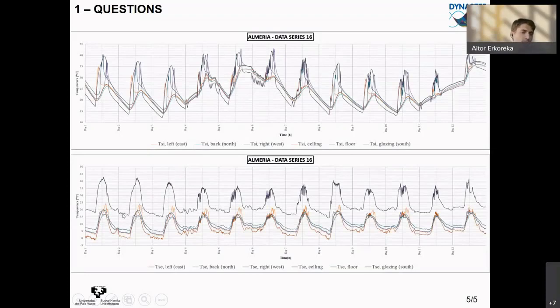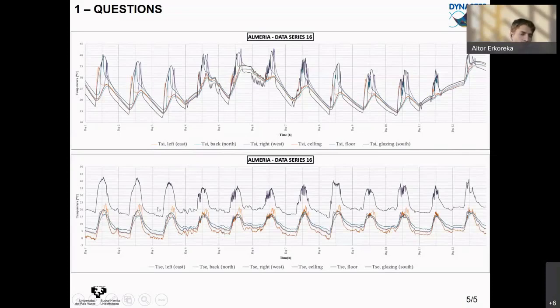But if we look at the glazing temperature on the external part, we can see that the glazing has a very different behavior and thermal resistance compared to the other walls. Since we were heating up the internal part of the box, the window external surface temperature is much hotter than the outer surface temperature of the walls.